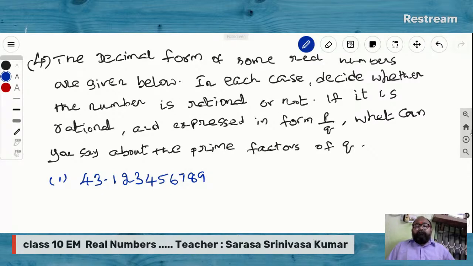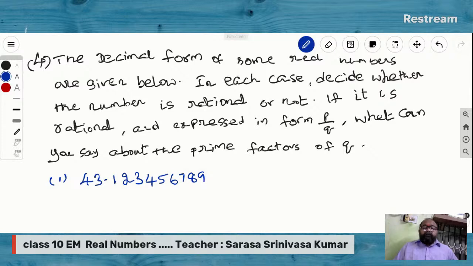The decimal form of some real numbers are given. So a number is given to us. It is in the decimal form. In each case, decide whether the number is rational or not. So by observing this decimal number, we should say whether it is a rational number or irrational number. And we must give the reason also.